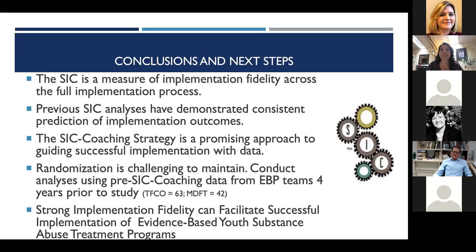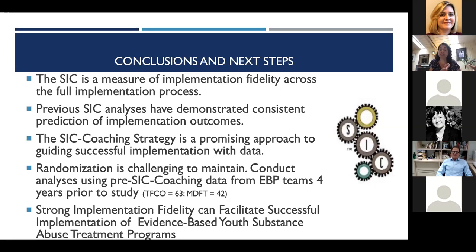One of the things that we did propose, knowing that randomization was going to be really difficult to keep from contamination, is this: we started off with the two, TFCO and MDFT, but actually for all three teams we have existing data, because they have been using the SIG website for years prior to this particular clinical trial.